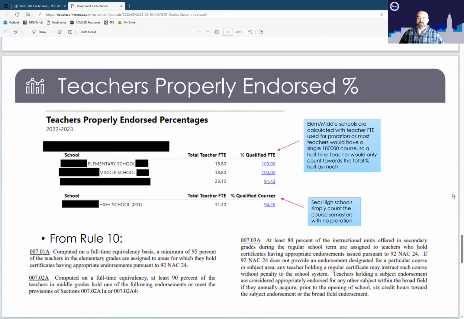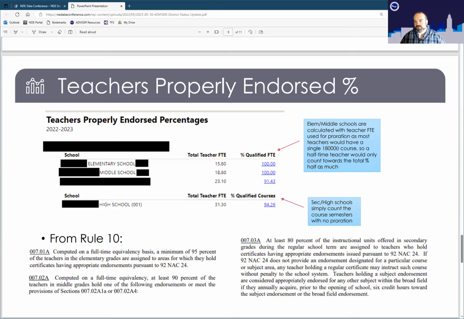One last thing I had mentioned, you'll notice that the elementary and middle schools say percent qualified of FTE versus percent qualified courses. We do the calculation slightly different here. For your elementary and middle, generally, we're expecting teachers are going to have 1 year-long self-contained classroom course.